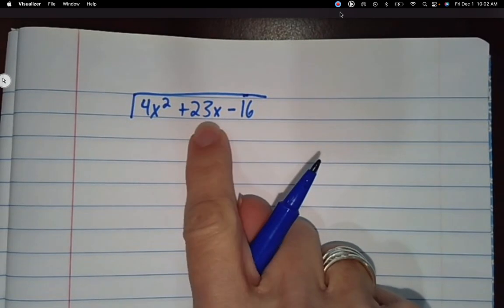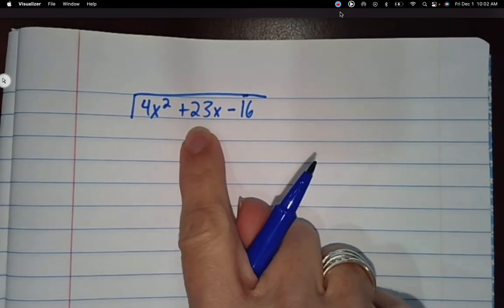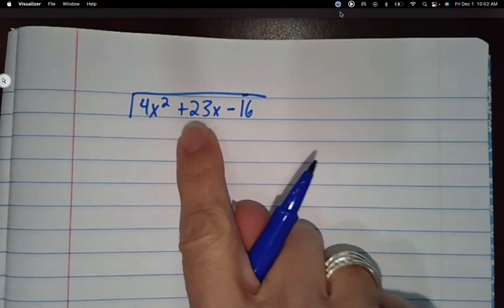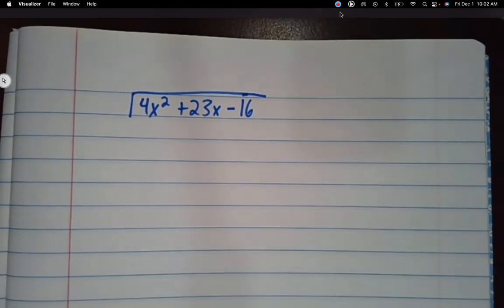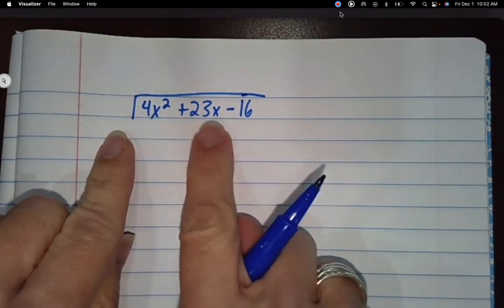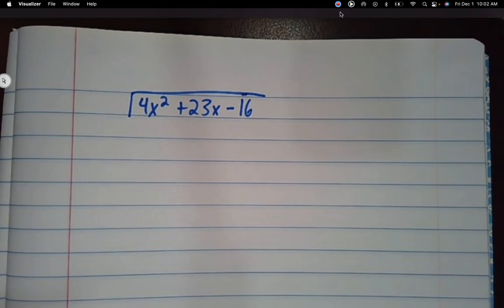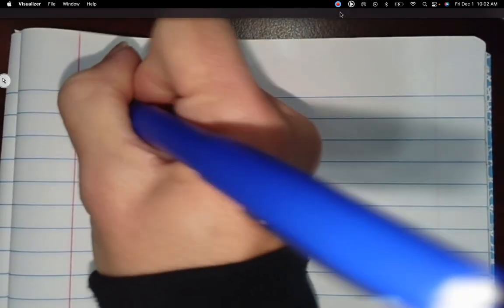Say that one was missing, you have to leave a spot for it. Does that make sense? And you can put a 0 there, but you have to go in descending order. Like it has to go 3, 2, 1, none. In this case, it goes 2, 1, none. There's no x's. Okay, we were dividing it by x plus 5.